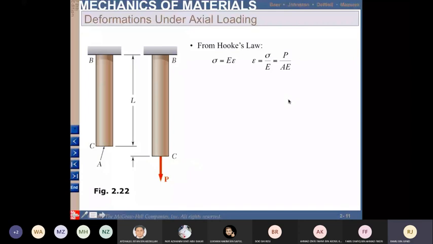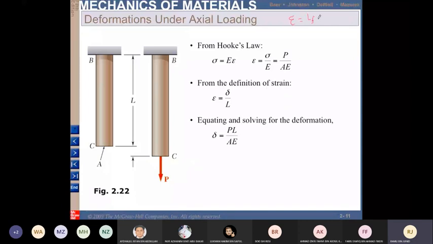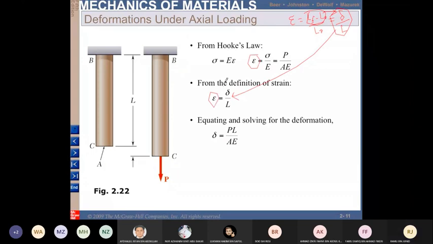Definition of strain, you know that strain is equal to L final minus L original divided by L original. Or this one can be written as delta over L, or L naught. So this one and this one are the same thing.